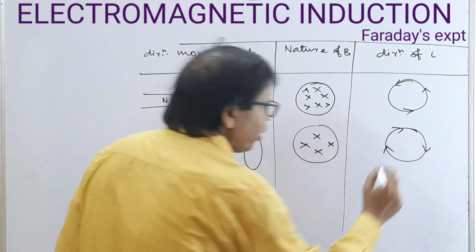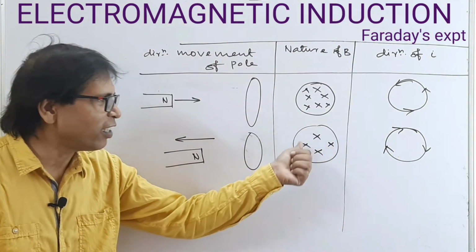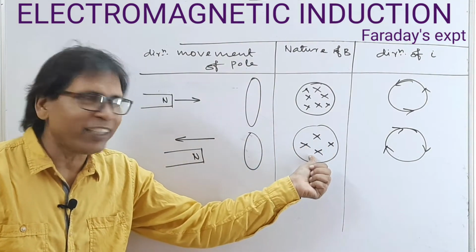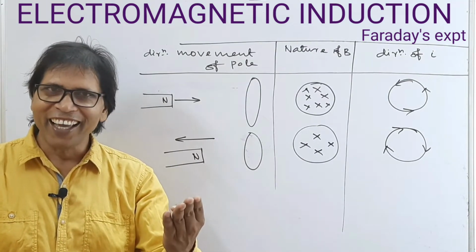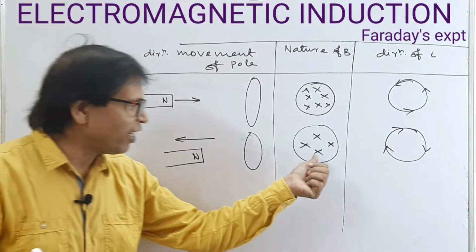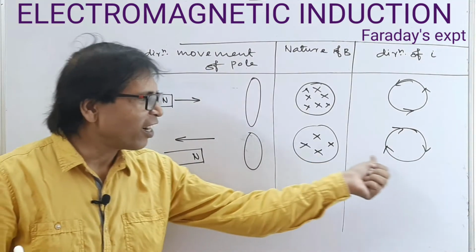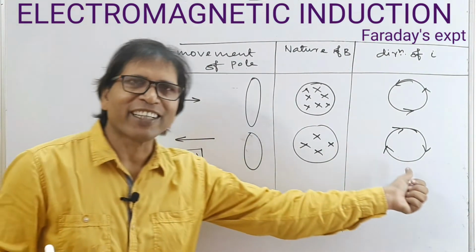Understood? Here the cross magnetic field decreases, and the current induced in it is clockwise. So there are two cases: cross decreases, clockwise current; N pole moves away from it, clockwise current.